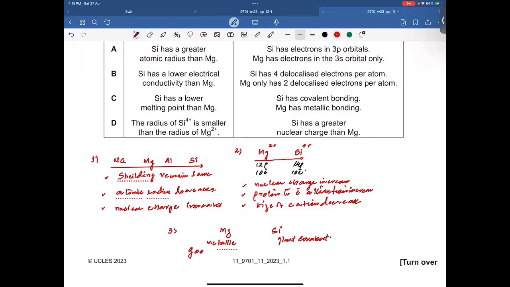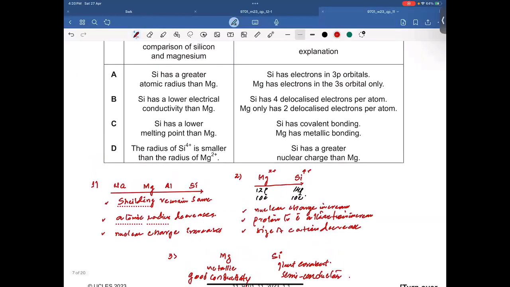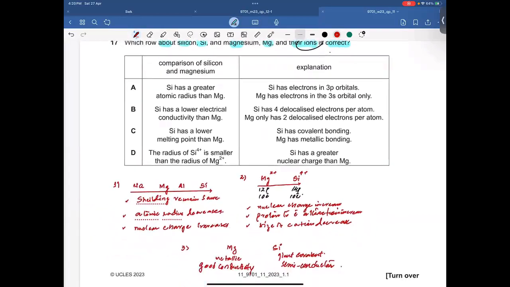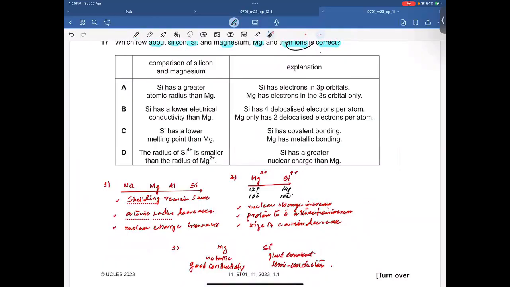Magnesium has good electrical conductivity because of the presence of a sea of delocalized electrons. Silicon is a semiconductor. Okay, so these are the points which I've given you in the lecture, which I have summarized here for the question. Let's talk about option A.